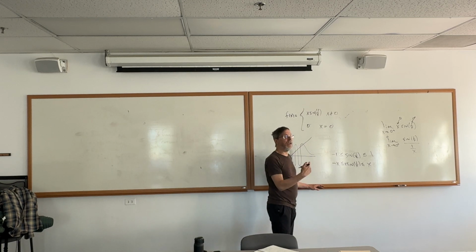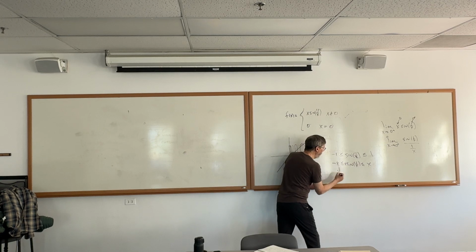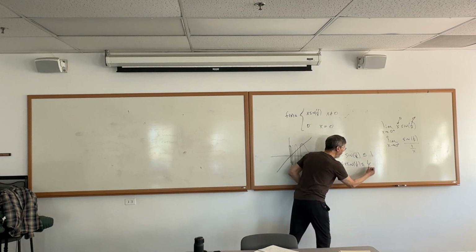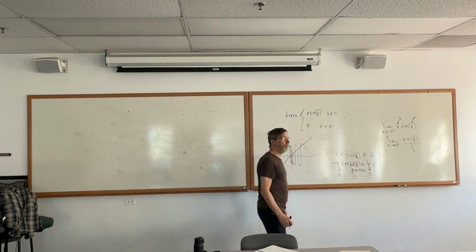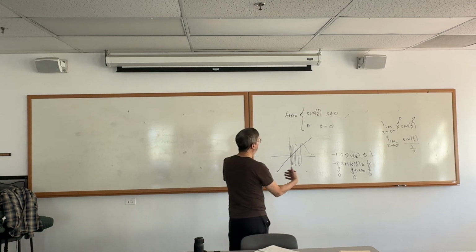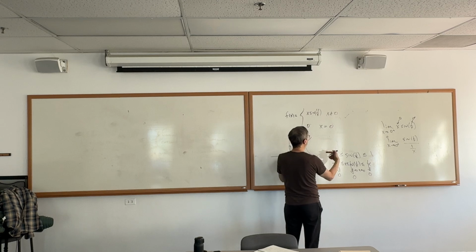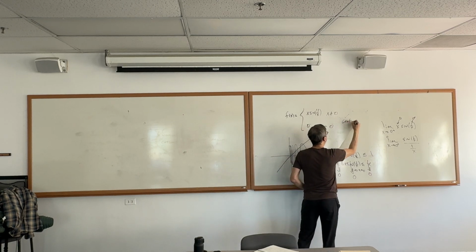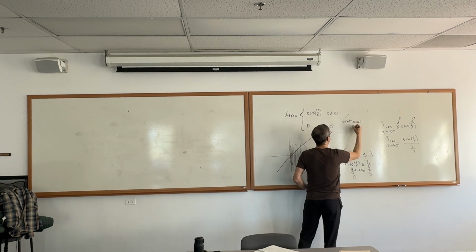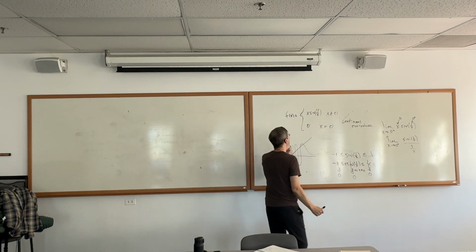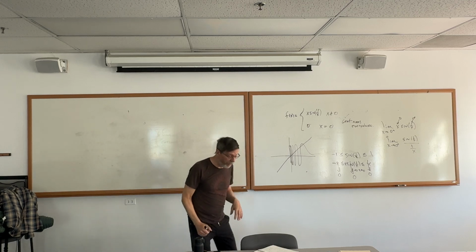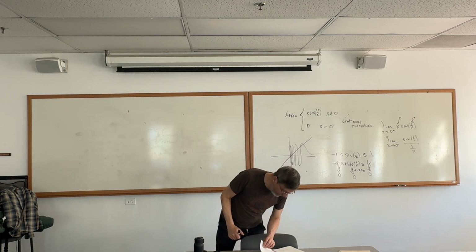So now, just thinking about the fact that as x goes to 0, this goes to 0, and as x goes to 0, this goes to 0, we get that that must go to 0 as x goes to 0. So anytime your input sequence is going to 0, your output sequence will also go to 0. So, yep, I agree with you, Cormac. This is continuous everywhere, including at the crazy point where things are oscillating madly.